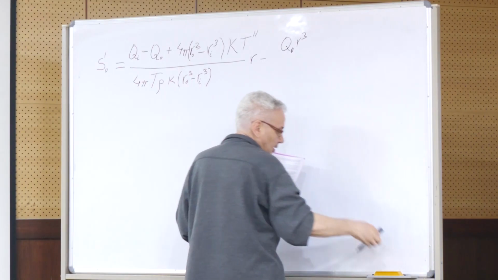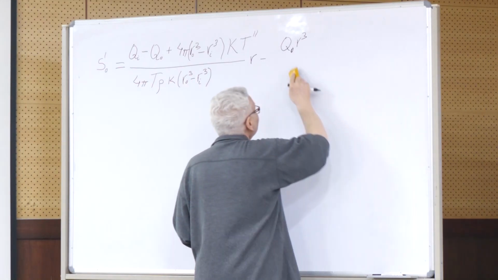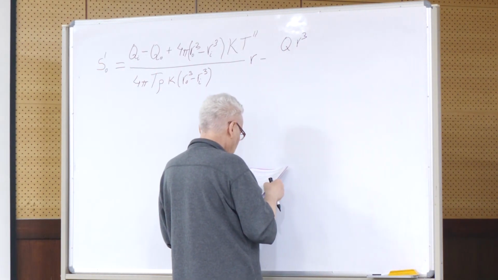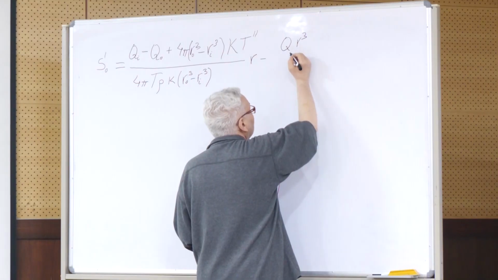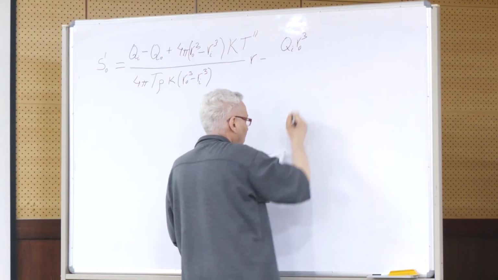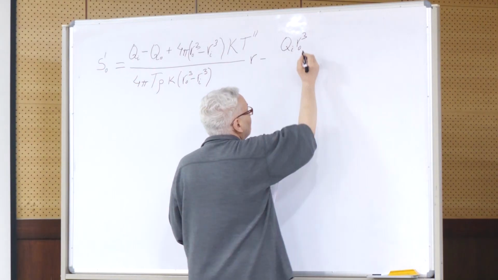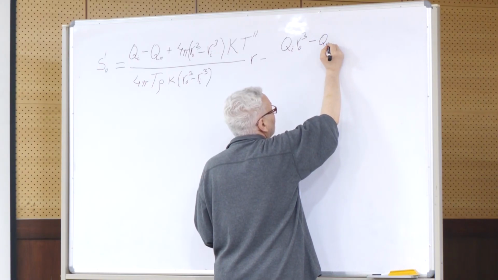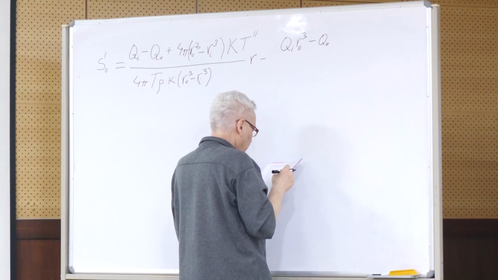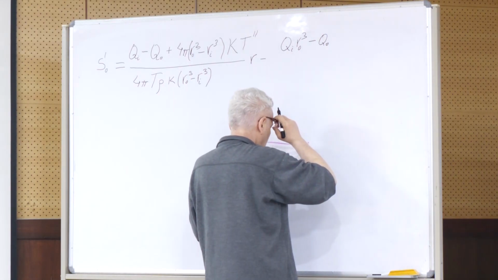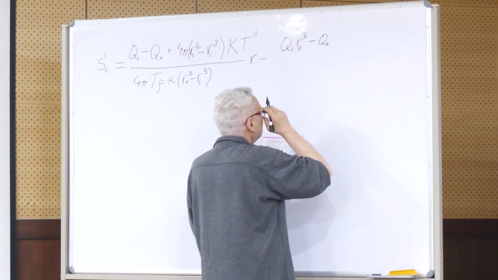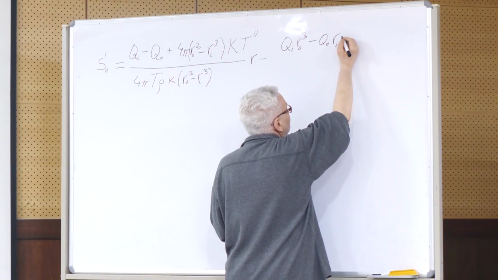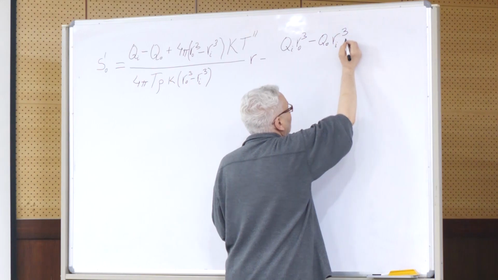Oh no, I wrote it correctly, but sorry for my mistake. Q I R O. Then we minus Q O R I, there is some exchange between these two values, cubed.